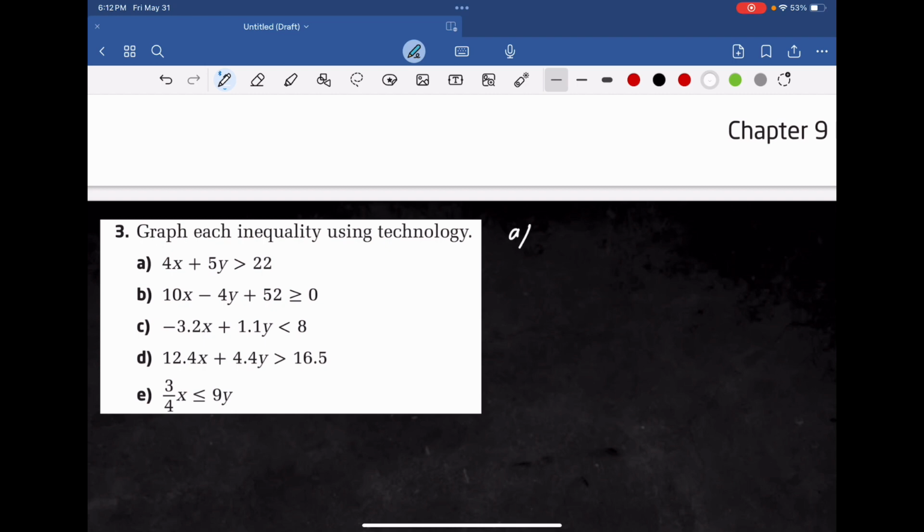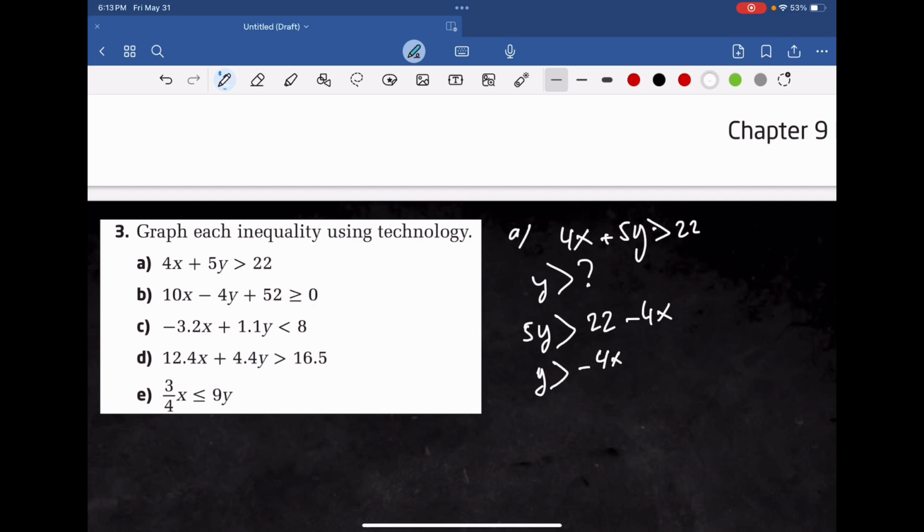I have 4x plus 5y is greater than 22. The first thing I have to do is write it as y is greater than something. So 5y is greater than 22 minus 4x. That means y is greater than minus 4x over 5 plus 22 over 5.